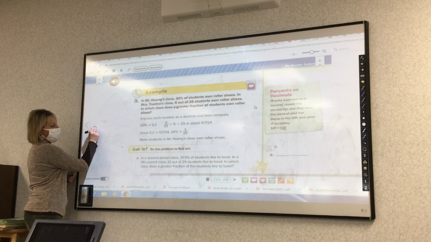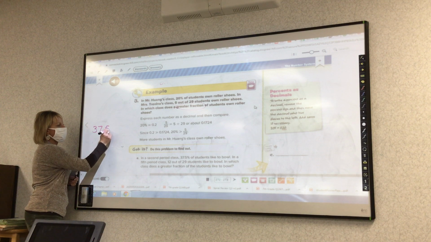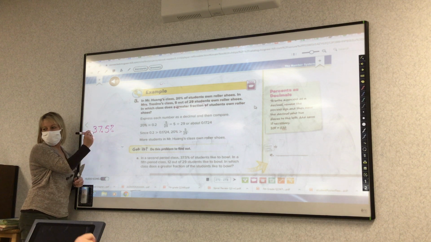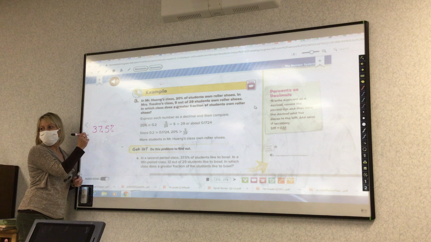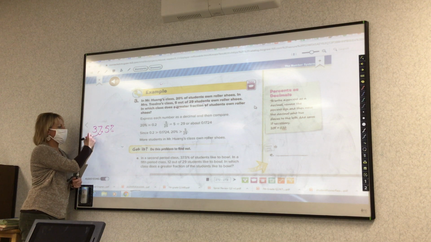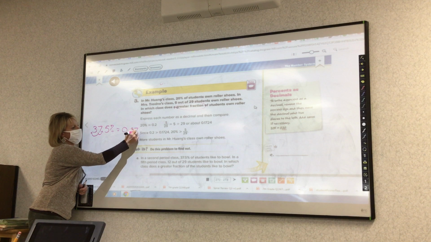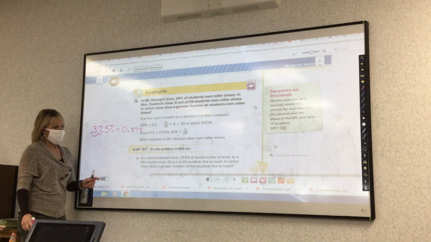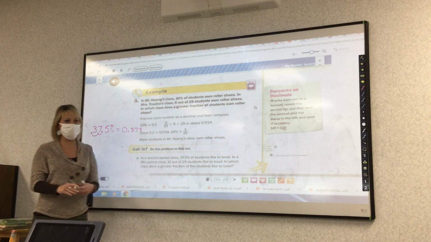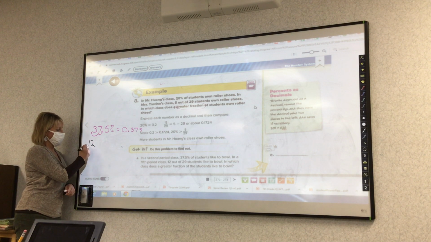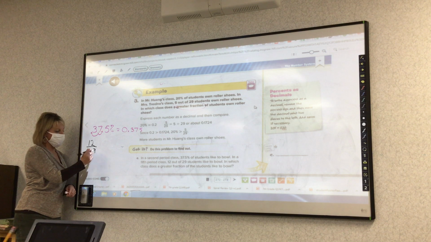If I'm taking 37 and 5/10, I'm changing that to a decimal, which means I just move the decimal to the left twice, right? So I have 0.375. It's 12 out of 29, so I write that as a fraction, 12 over 29.